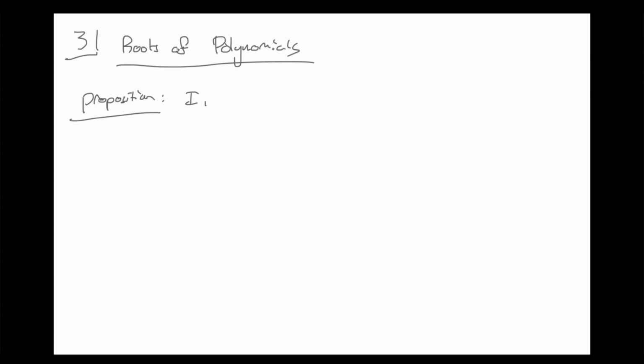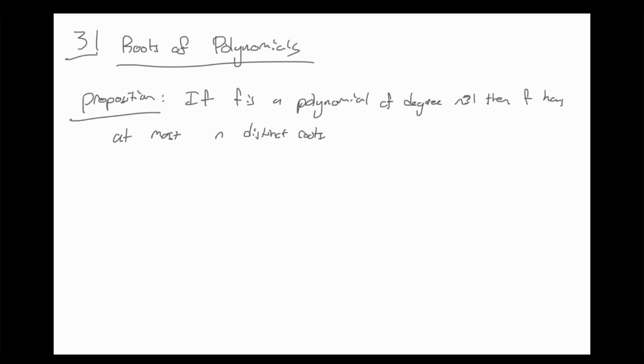In particular, what I want to prove is that if f is a polynomial of degree n, and I'm going to specify that n is greater than or equal to 1, then it has at most n distinct roots. Okay, so let's see if we can prove this.